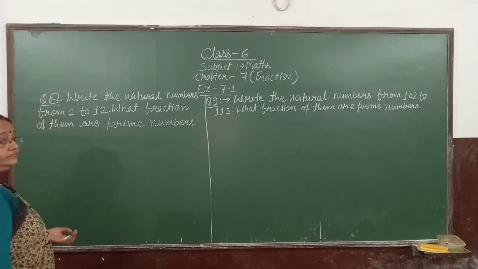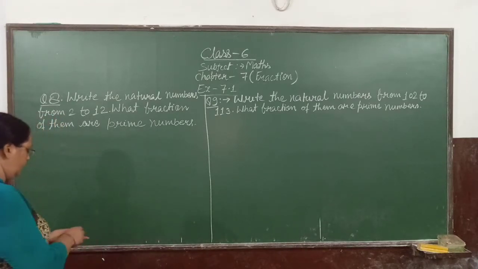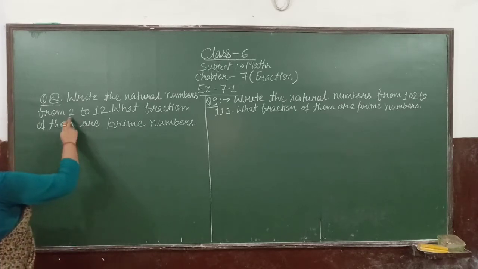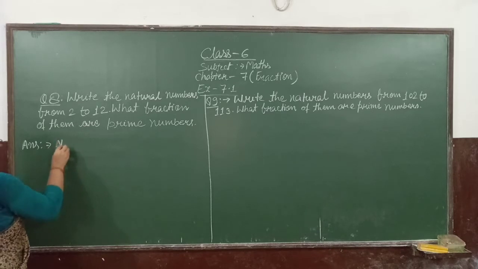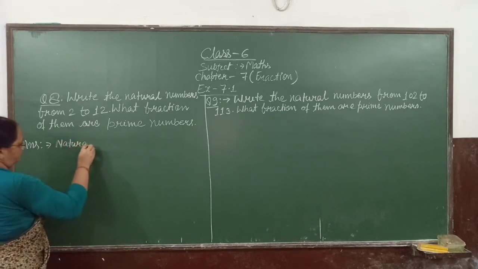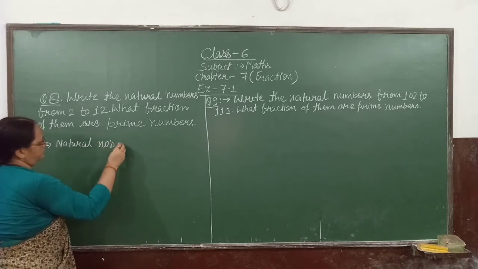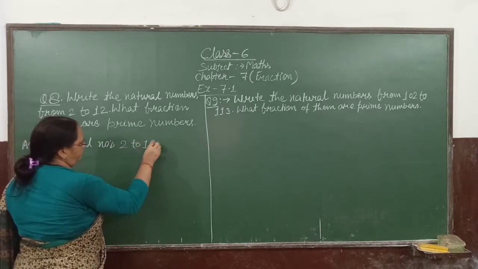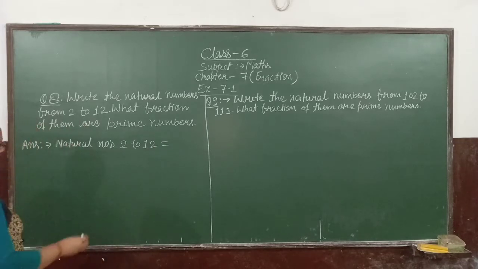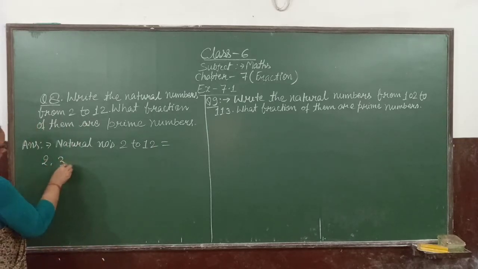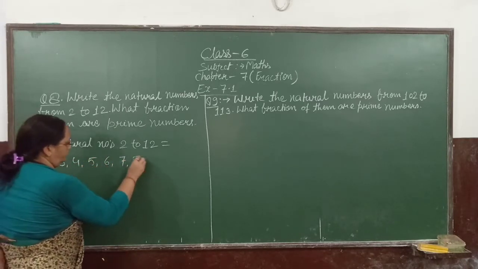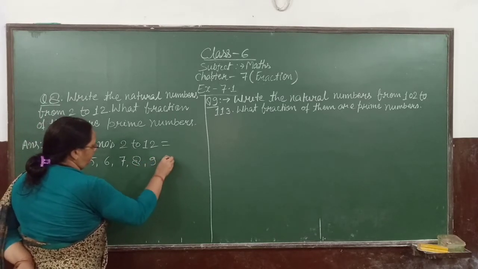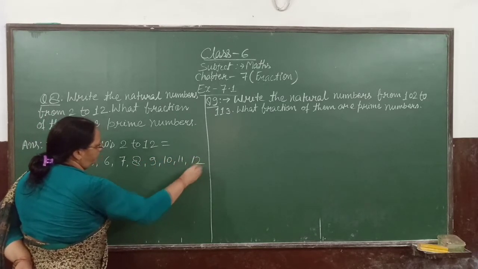At first we have to write down the natural numbers from 2 to 12: 2, 3, 4, 5, 6, 7, 8, 9, 10, 11, 12.